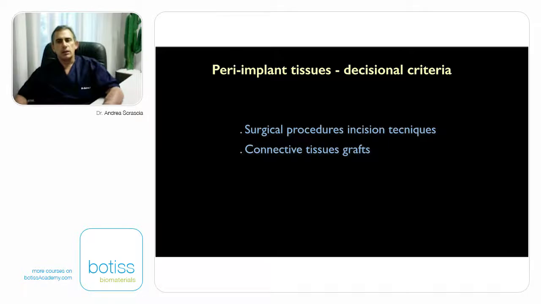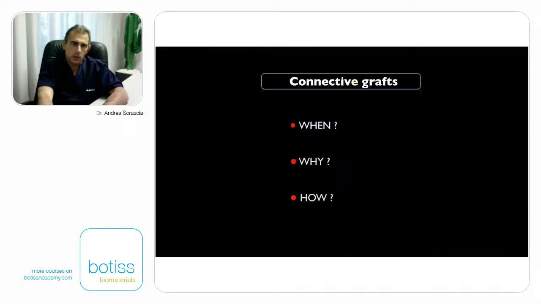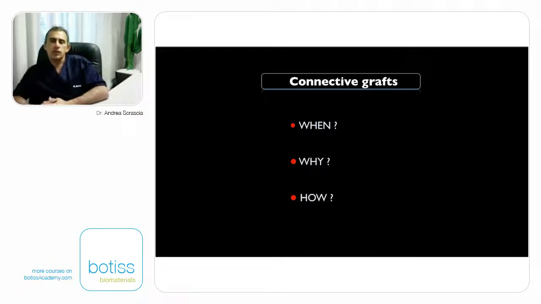Among the decisional criteria, we have to understand when to use connective tissue grafts. When we have to handle the soft tissue with connective additions, we have to ask ourselves for a correct plan in treatment to avoid failure: when, why, and how.